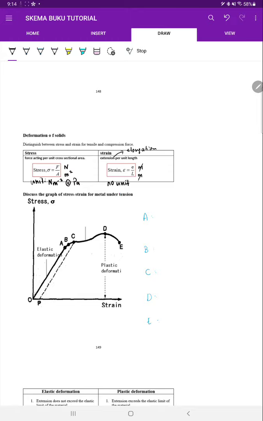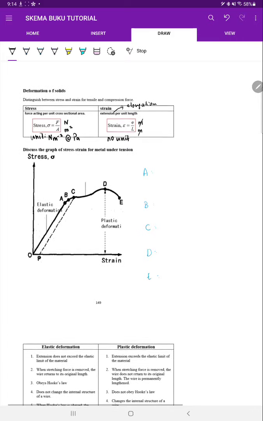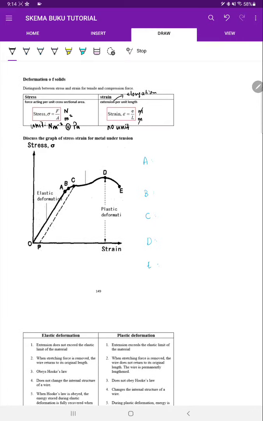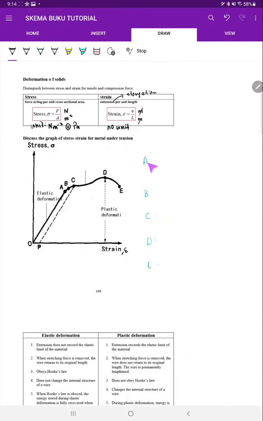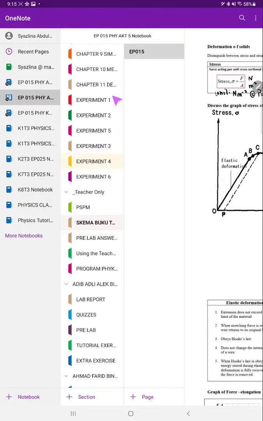Alright. Discuss the graph of stress-strain for metal under tension. We have stress on the y-axis and strain on the x-axis.